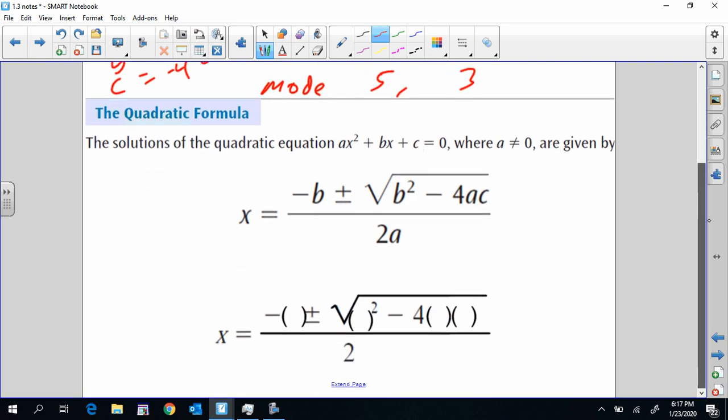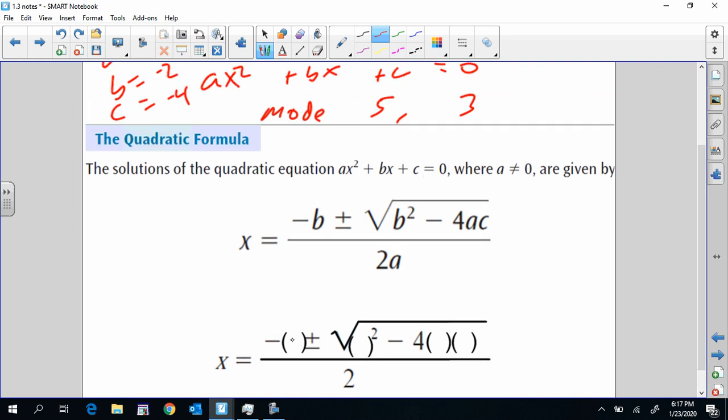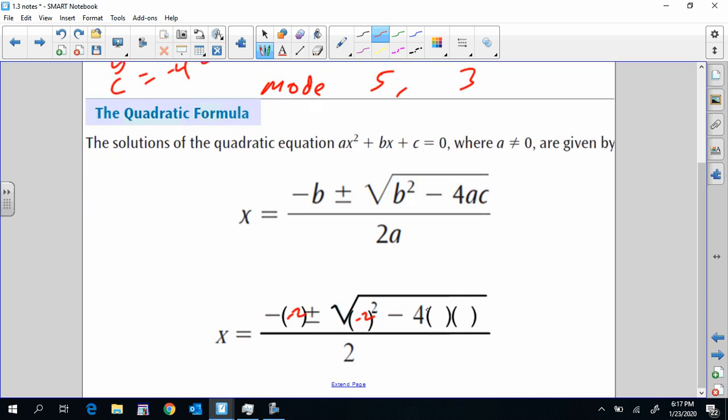Get ready. Plug them in. B is -2. A was +1. C was -4. And most people screw this term up if they're going to do any screwing up of the quadratic formula.